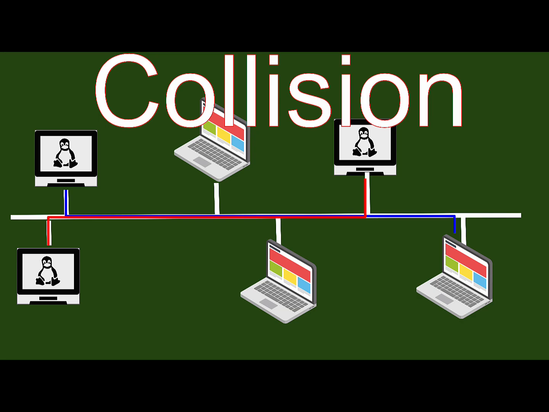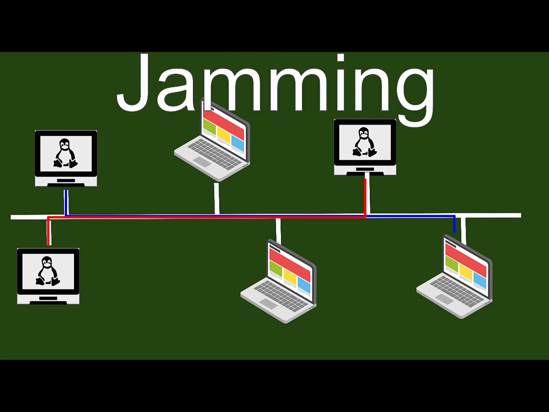Now what happens when the collision is detected? The moment the collision is detected, both the PCs start to send a signal for a fixed amount of time, and that is called jamming. Why is this being done? It is to let all other PCs in the same shared medium know that a collision has occurred.